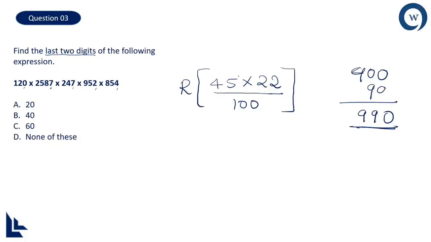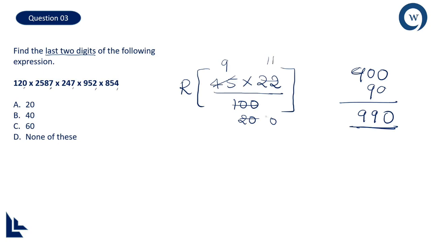I told you simplification is something like this: 5 9s are 45, 5 20s are 100. So that means you divided the numerator and denominator by 5. Then this number can be cancelled with the help of 2 tables, right? So then I divide this by 2, then I'll get 10 and this will become 11.